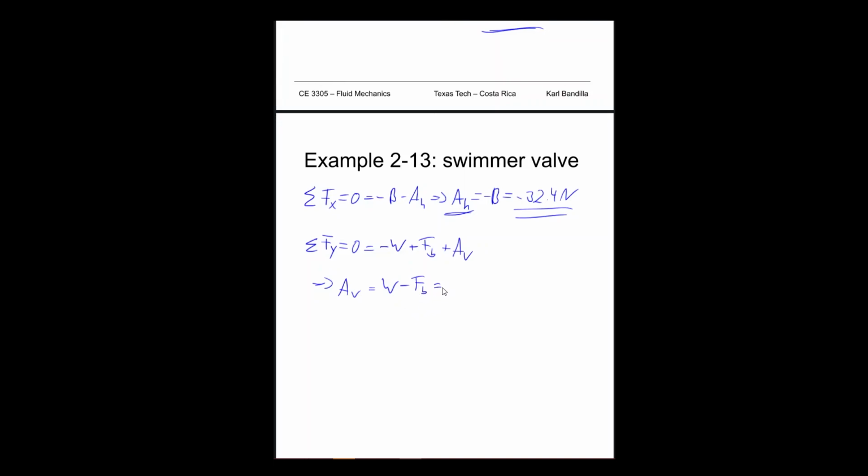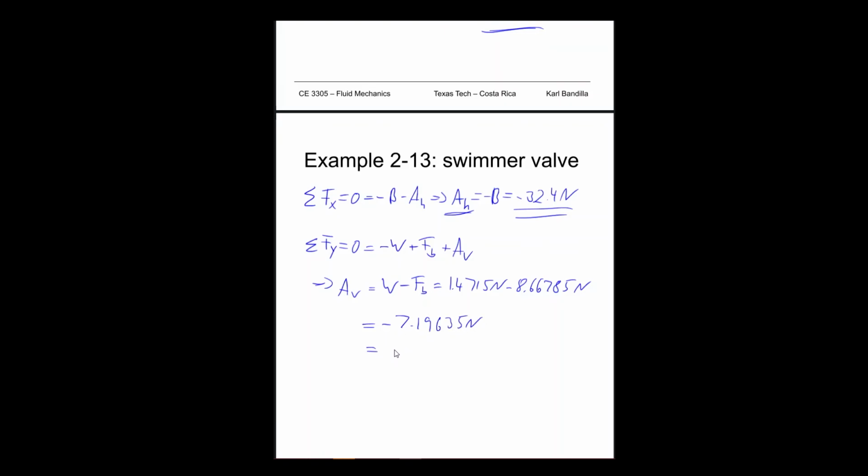W was 1.4715 newtons, and FB was 8.66785 newtons. That means AV is minus 7.19635 newtons.